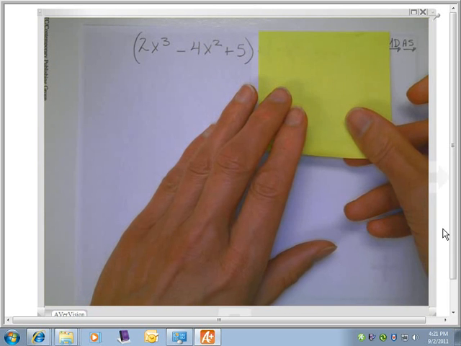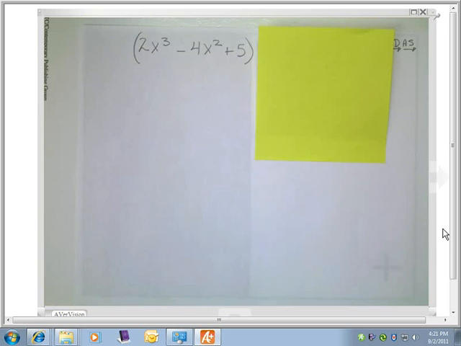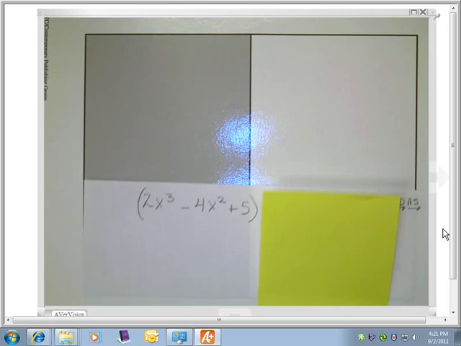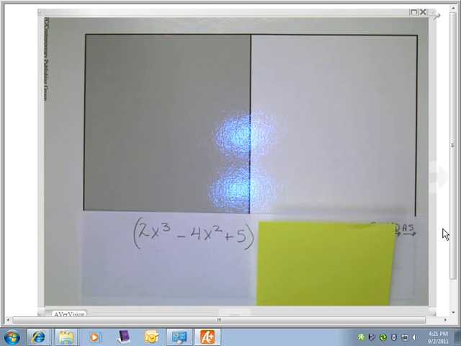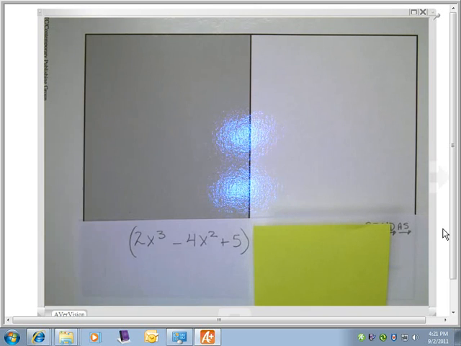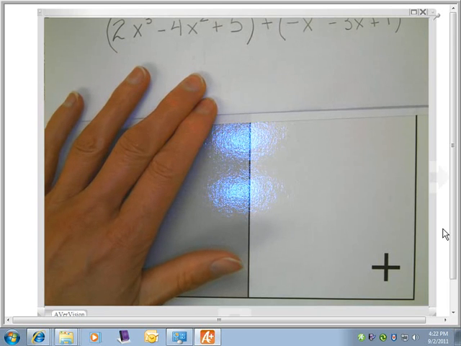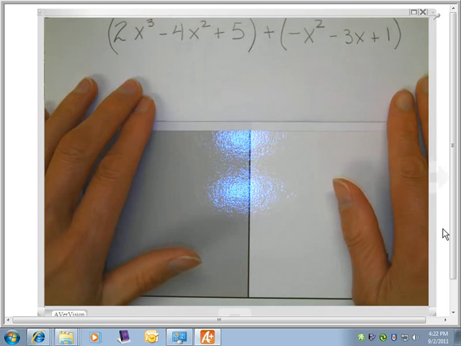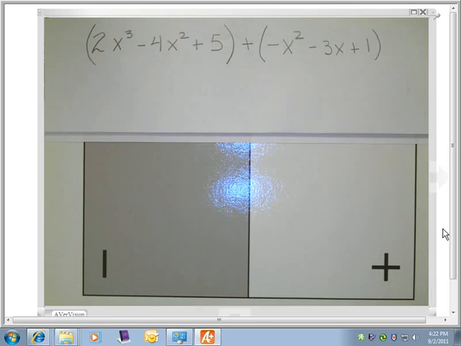And I'm going to move this down. So actually what I should probably do, let me do this, because you need to see the plus and the minus. So there's my equation right there. So that's what we're looking at. But right now I just want to look at the polynomial on the left.